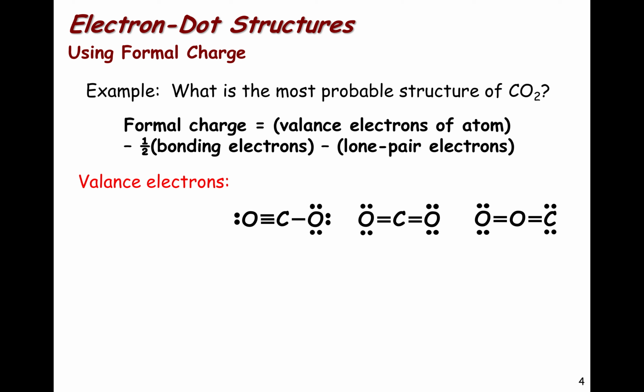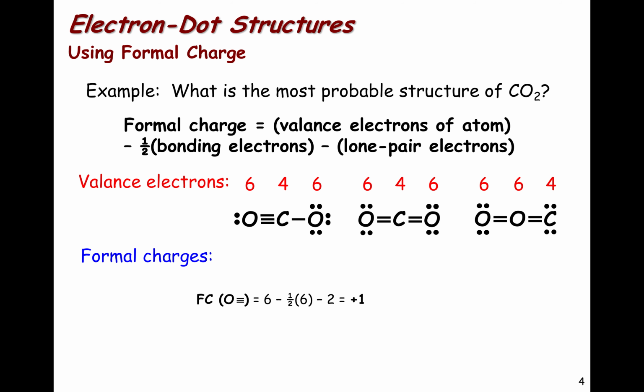Okay, to determine the number of valence electrons for each of the atoms involved, each oxygen has 6 valence electrons. The carbons have 4 valence electrons. So we can determine our formal charges. In the case of the oxygen on the left of the first structure, the total number of valence electrons is 6.